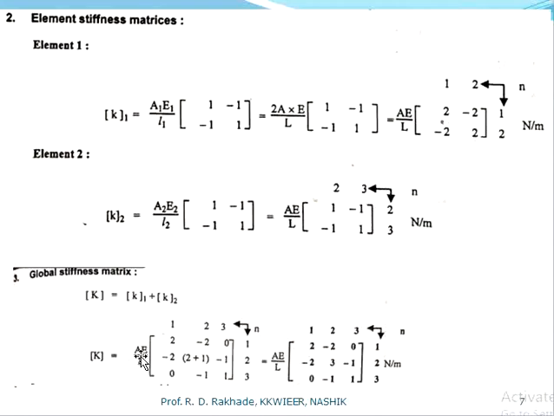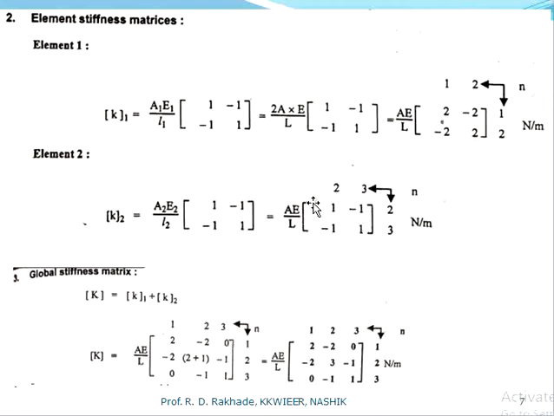AE upon L is common for both matrices, so we write AE upon L. Then at position 1 1, we take the value from position 1 1 and put it in the global stiffness matrix. Likewise for 2 1, check the 2 1 value from element 1 as well as element 2.